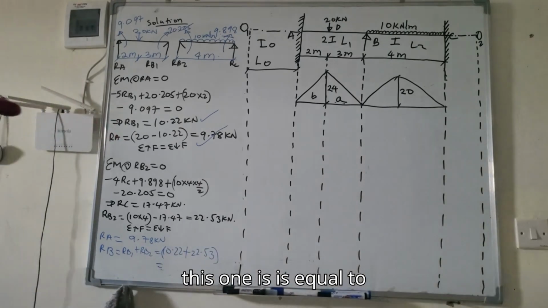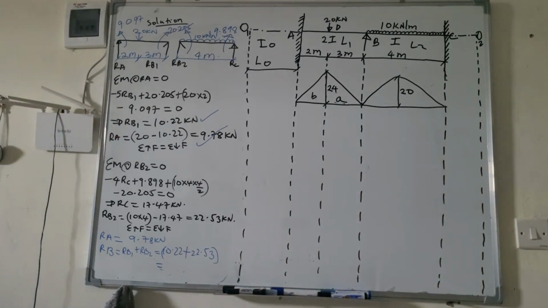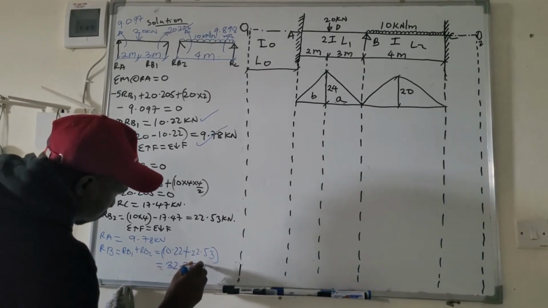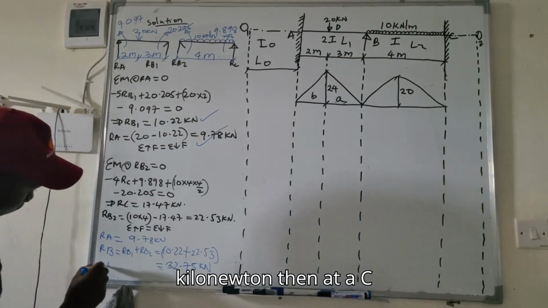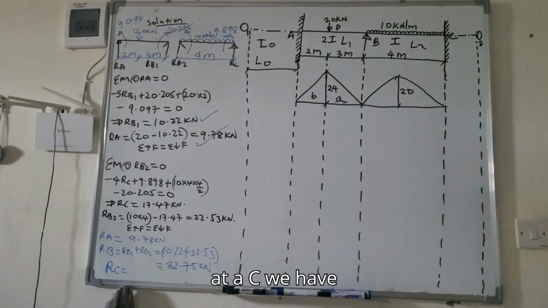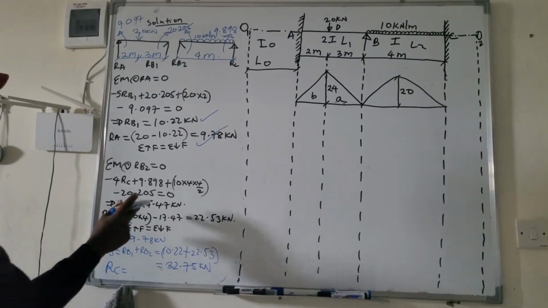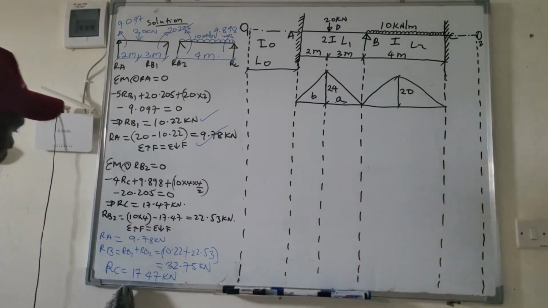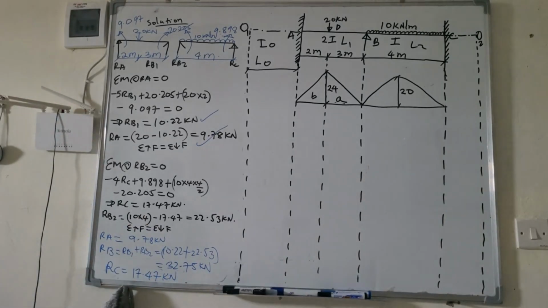So this one is equal to 32.75 kilonewton. And then RC, we have 17.47 kilonewton. Now let's draw our shear force diagram.